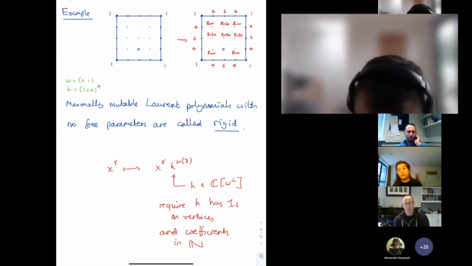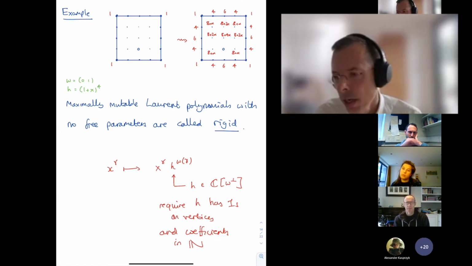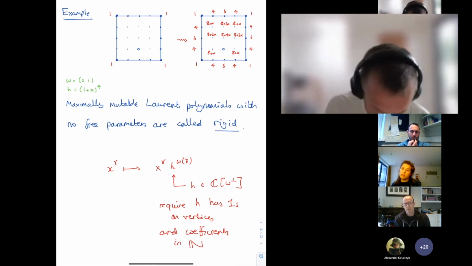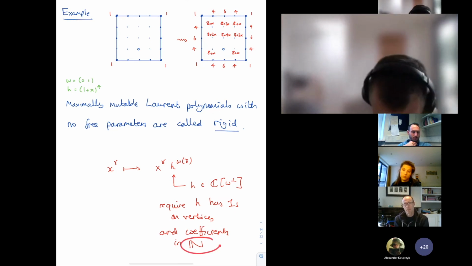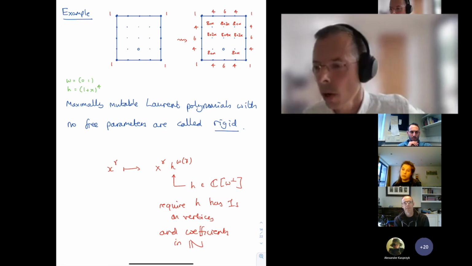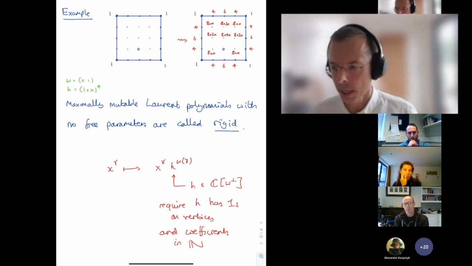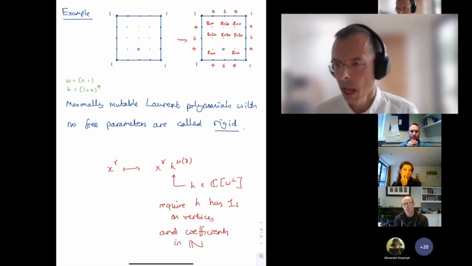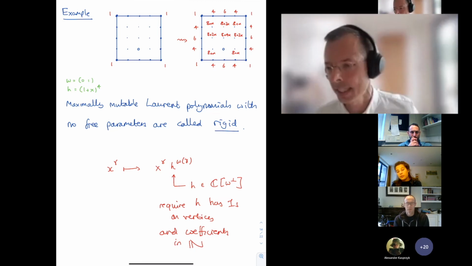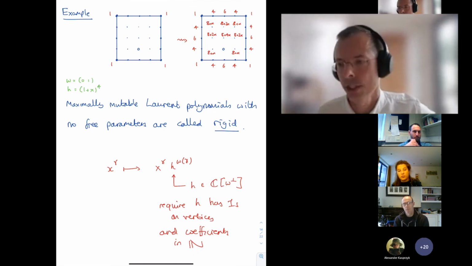It's a very interesting question whether maybe I should relax this condition, but I don't know what is interesting about the class of Laurent polynomials that you would get by doing this. In any case, we're going to insist that all of our polynomials and all of our factors have ones on the vertices, and when they have fixed coefficients, they have positive integer coefficients.